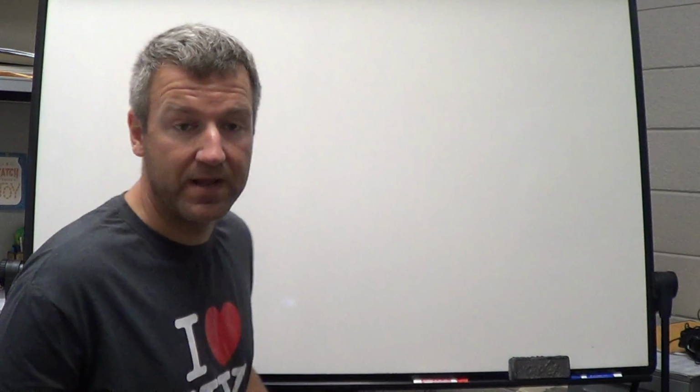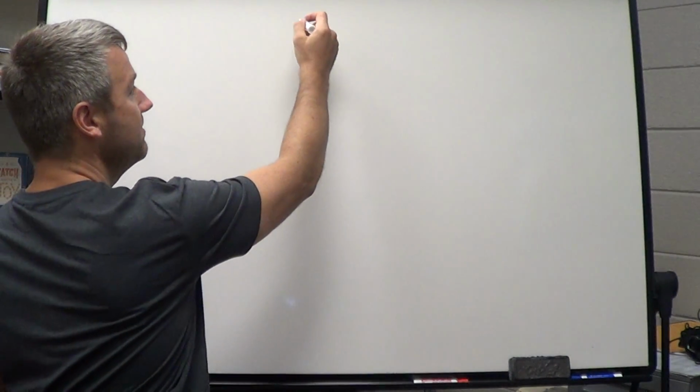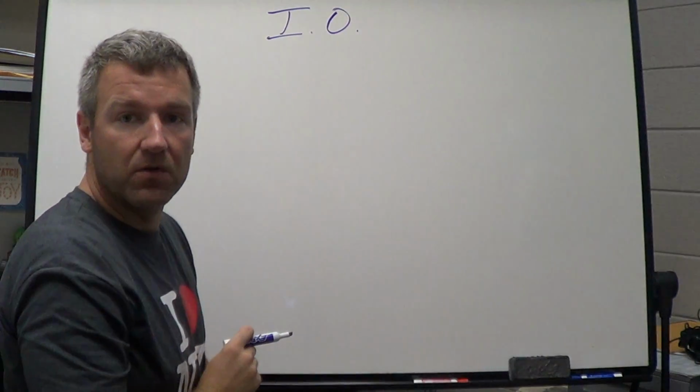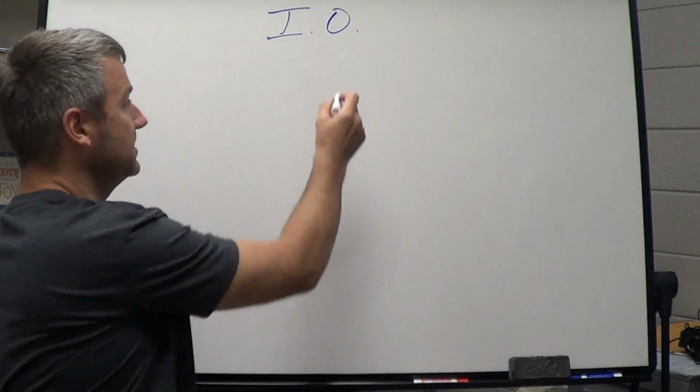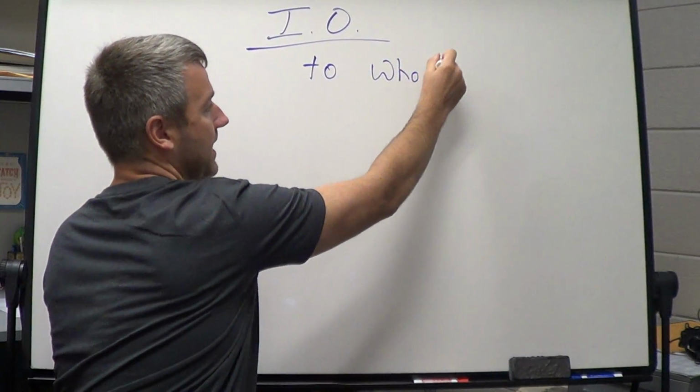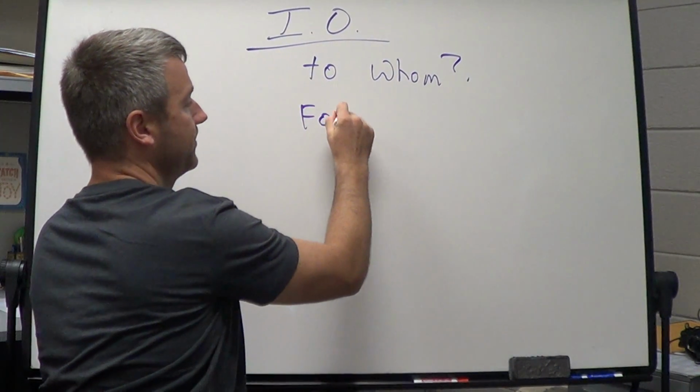All right. So first of all, let's do a quick review of our indirect objects and our indirect object pronouns. Okay. So remember, our indirect objects, they're going to answer the questions to whom and for whom.